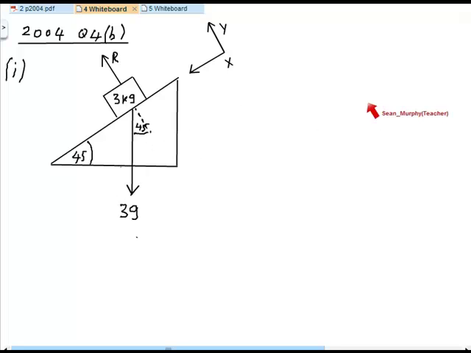And now we must resolve the weight parallel to x and y, because R is already along y. So let's do that over here. Always do your resolving away from the main diagram, because otherwise it could be interpreted as extra forces instead of component forces. And the weight downwards is 3g, and we can resolve by having a component parallel to the y-axis and parallel to the x-axis.